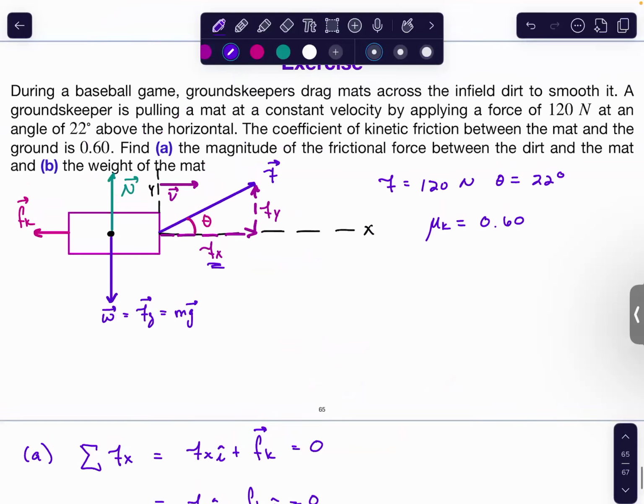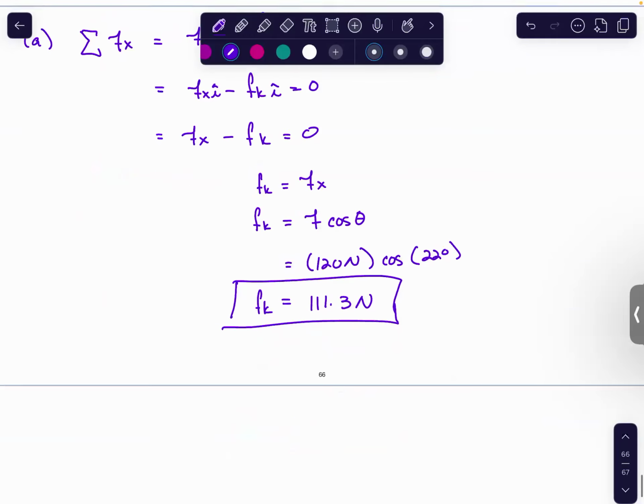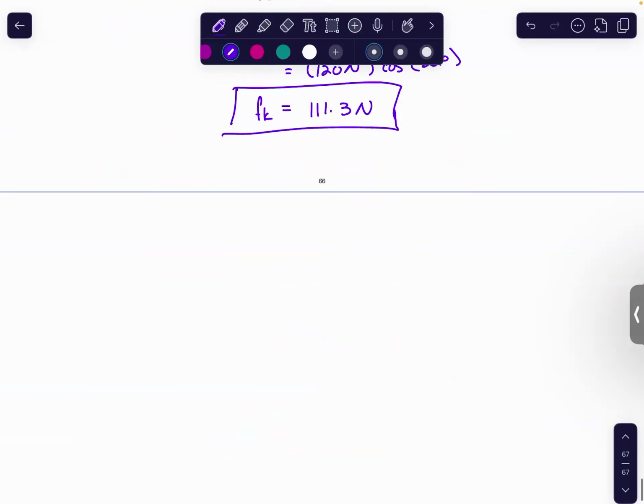So let's go look at part B. What is the weight of the mat? This is dealing with forces in the y direction. Sum of forces in y is going to be my normal force plus my weight plus my y component of my applied force that equals 0.